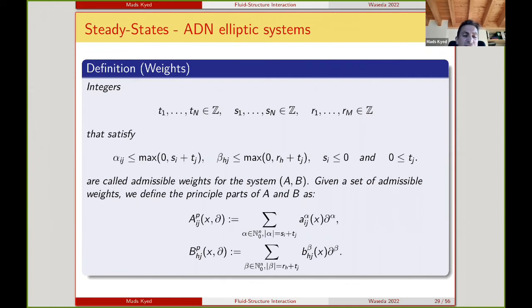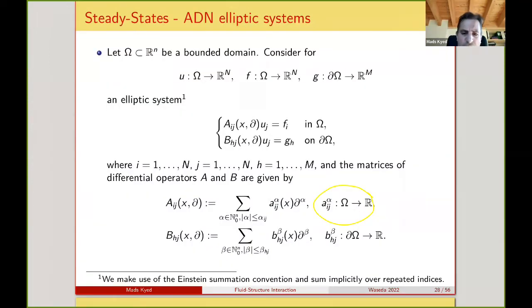N integers t_1 to t_N, N integers s_1 to s_N, and M integers r_1 to r_M. Now I have to tell you what the capital N and the capital M are here, because those are popping out of nowhere, I guess. The capital N is the number of field equations.